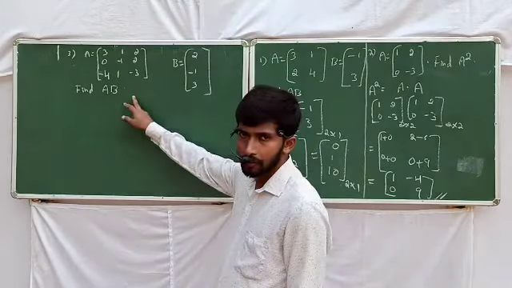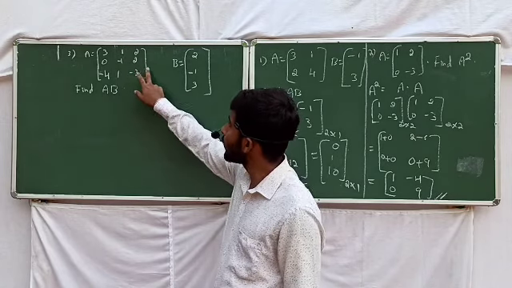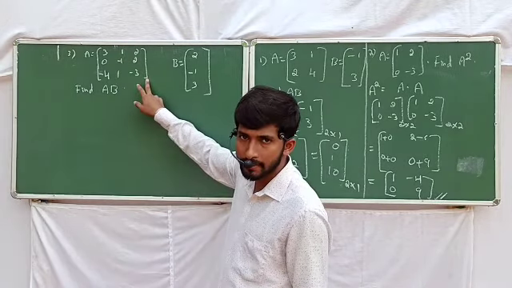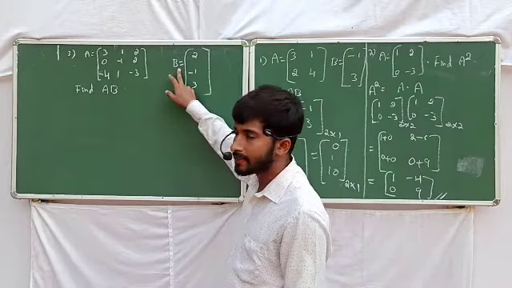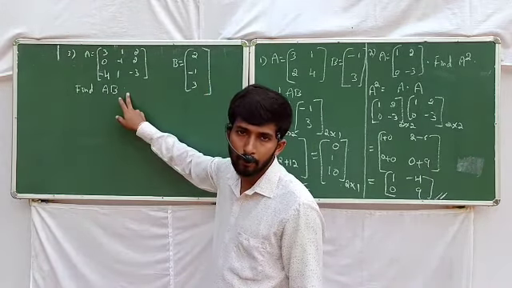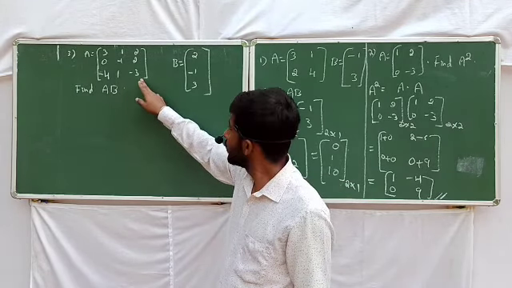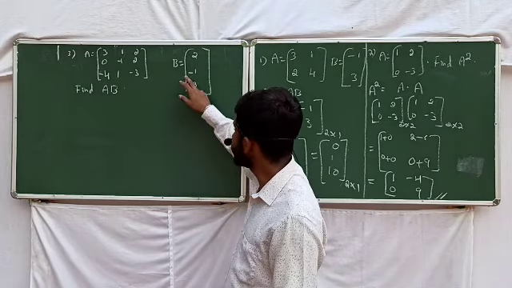See the third question. Matrix A is equal to 3, 1, 2, 0, -1, 2, -4, 1, -3. Matrix B is equal to 2, -1, 3. Question is find AB. Matrix A is of order 3 by 3, and matrix B is of order 3 by 1.